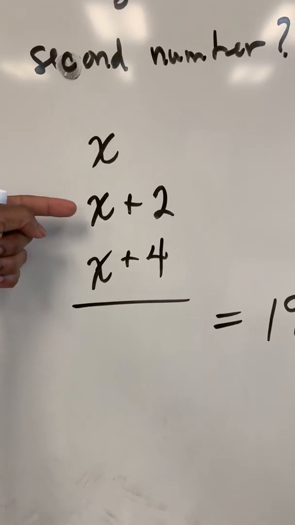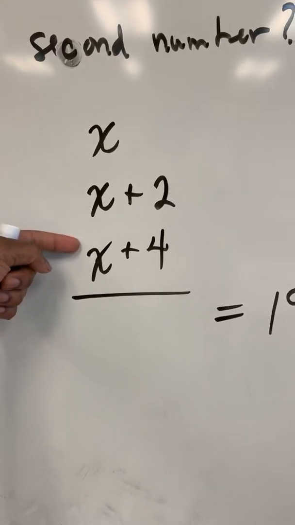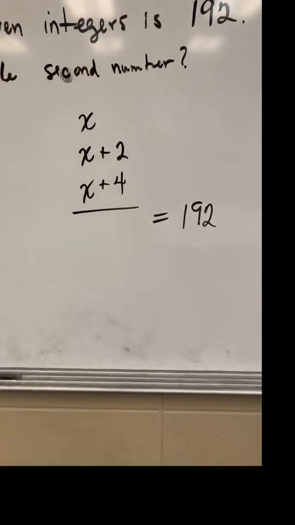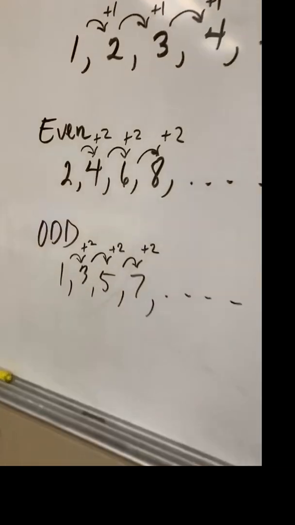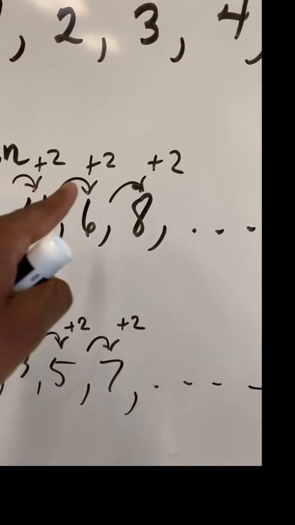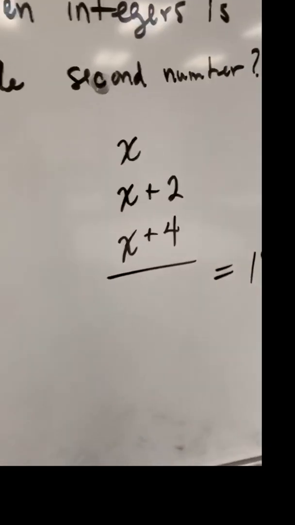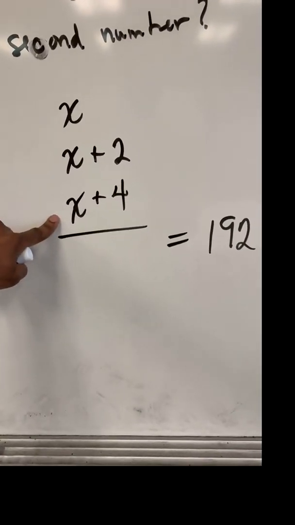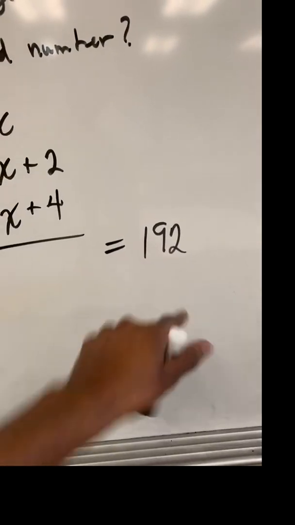And remember, we have to add 2 and then add another 2, because we're skipping over each odd number. Anytime you're dealing with evens or odds, you're not adding 1, you're adding intervals of 2. So my first number, my second number, my third number, the total is equal to 192.